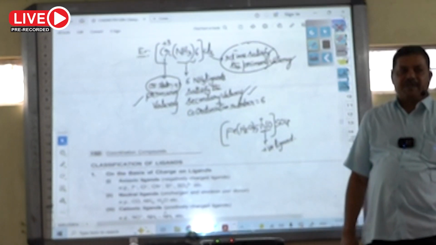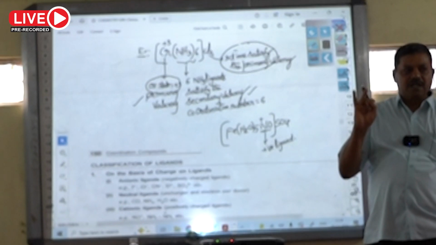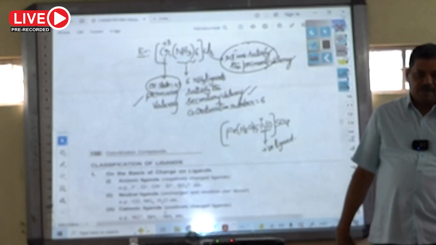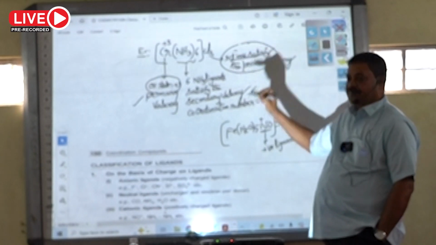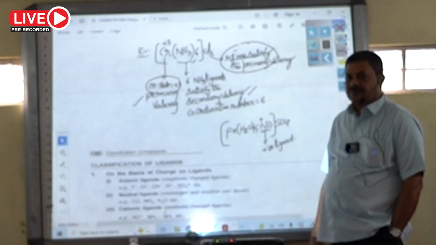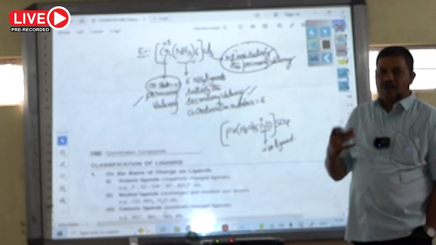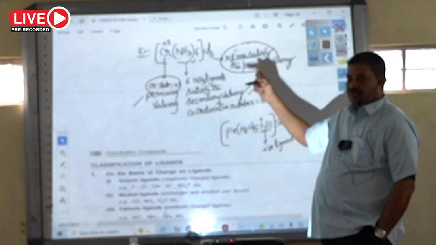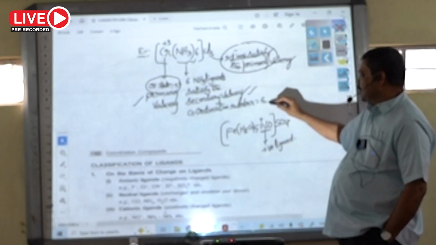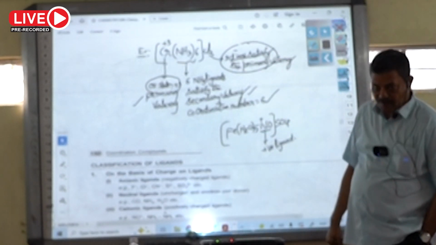So ligands can be negative or neutral, rarely positive. But primary valence is always satisfied by negative ions. The geometry of the complex is not determined by primary valency; it depends on the coordination number.